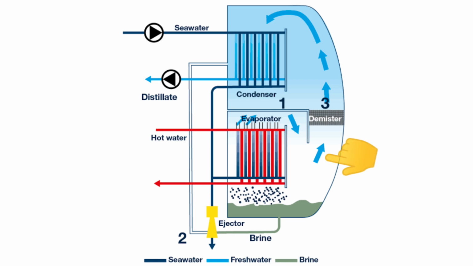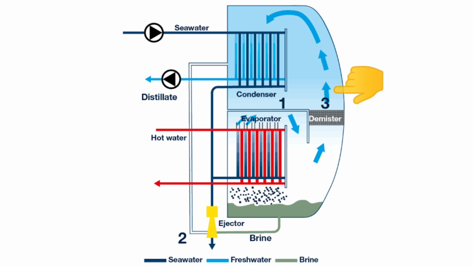The water spray and droplets are partially removed from the vapor by the deflector mounted on the top of the evaporator and partially by the built-in demister. The separated water droplets fall back into the brine, which is extracted by the water ejector.